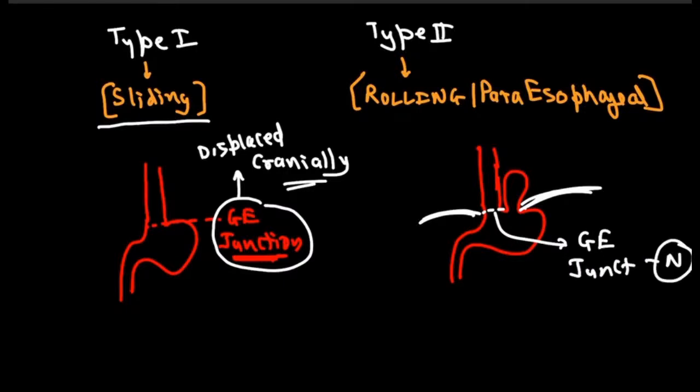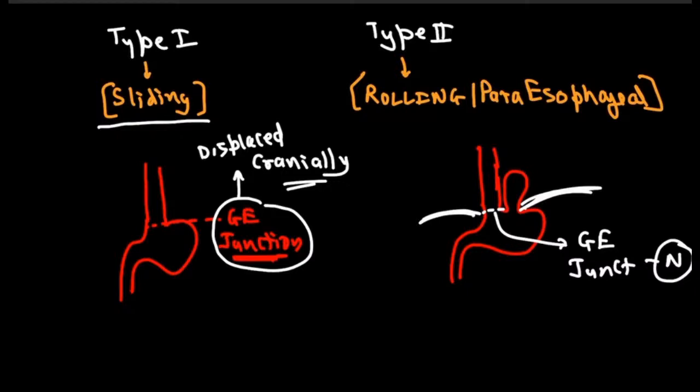But what is the problem? A part of the stomach has rolled up. It was supposed to be below the diaphragm, but it has rolled up. That is why it is called rolling or paraesophageal, because it is going just adjacent to the esophagus. I hope you get this point.